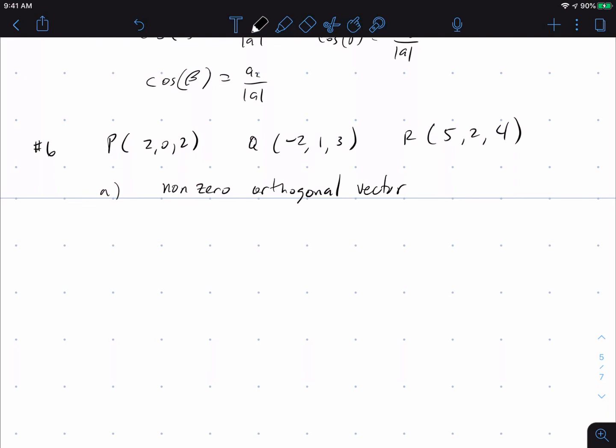So it just depends on what you end up getting, right? Depending on what point you're using as the perpendicular. Does that make sense? Yes. Okay. So one of them is 11j minus 11k.